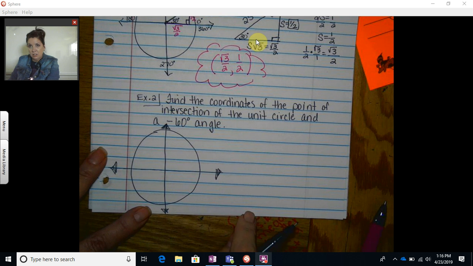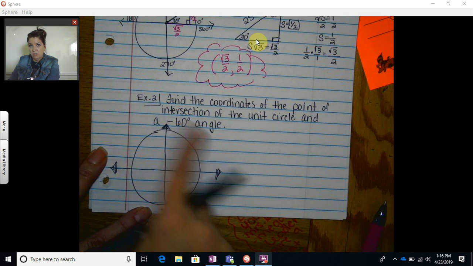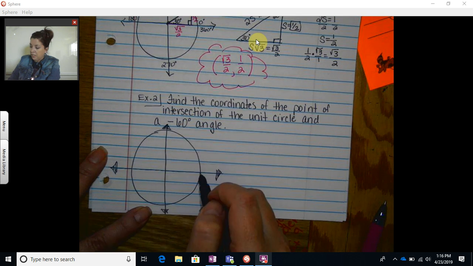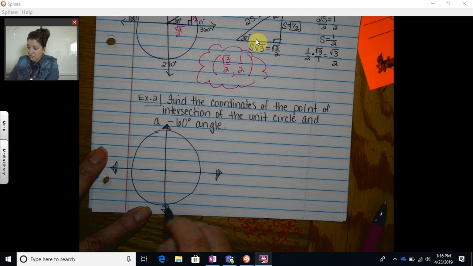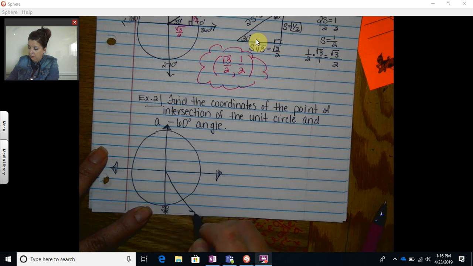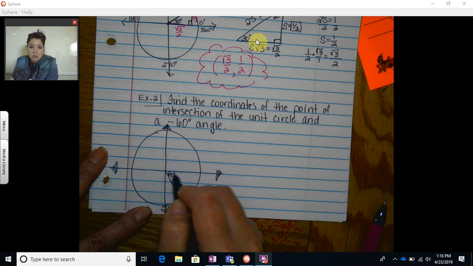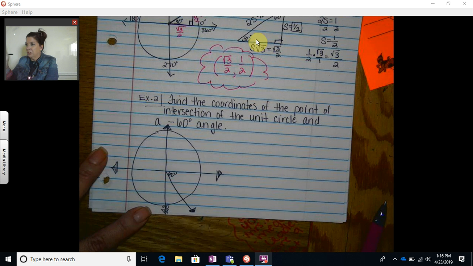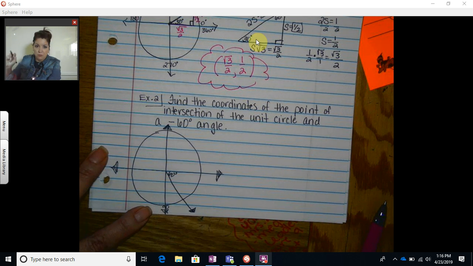Are we going to go counterclockwise or clockwise? Clockwise. If we started here, this is 0. If we went all the way to this point, that would be negative 90 degrees, right? But we're just going 60 degrees, so approximately here. You still call that a 60-degree angle. Angle measurements aren't negative. That just tells you where your rotation is going, okay?